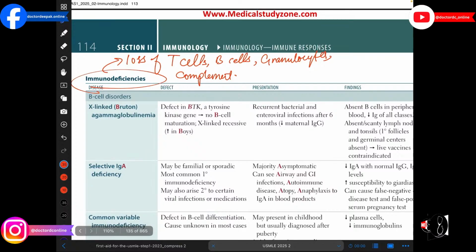They can be acquired, as in HIV or chemotherapy, or congenital, usually presenting in infancy with recurring infections.